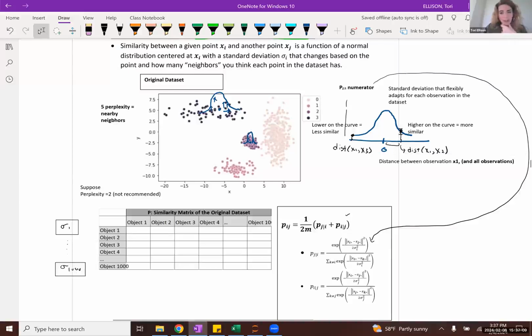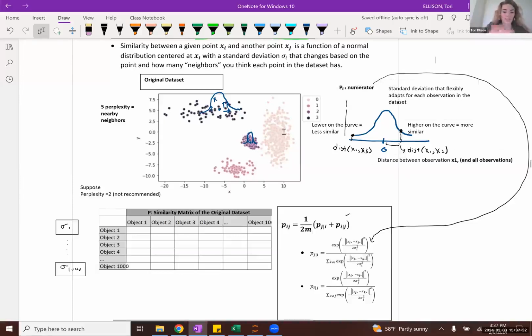Then how high on the Gaussian curve that corresponding distance is dictates the similarity of a given point x2 to the centered point of x1. And then we perform this normalization in the denominator for this numerator value that we're creating here.